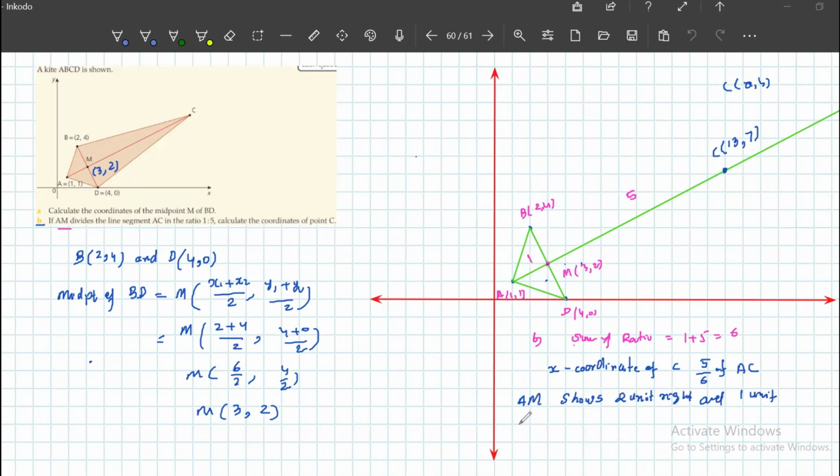Okay, so M to C describes, like we know, it is 1:5.